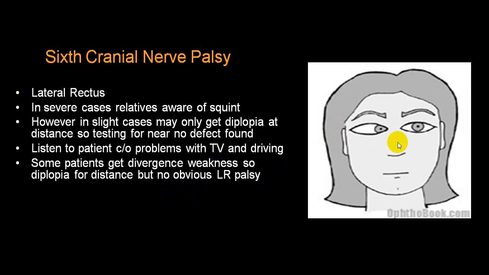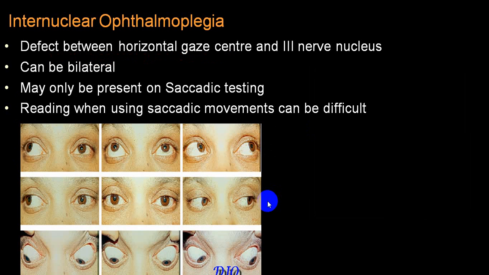Here, say in this particular person, there is a medial squint and there is a lateral rectus palsy on the right side. So while looking towards the right side, person will have a diplopia. And to compensate that, person will move the head towards the right side.